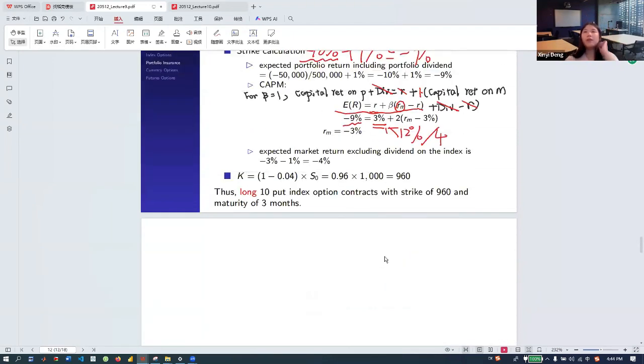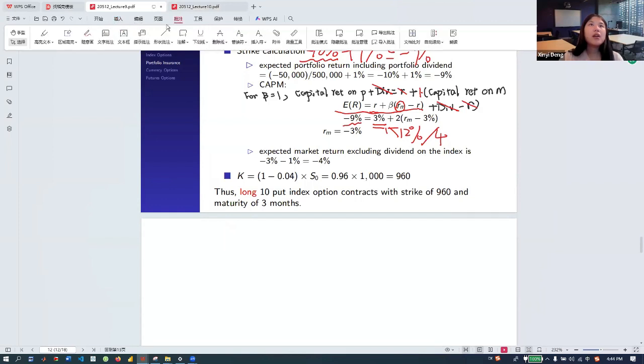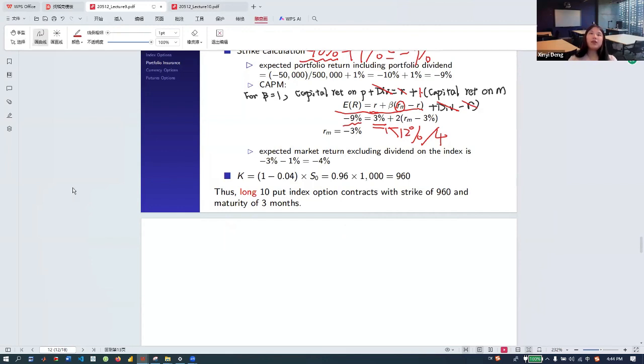Here, let's utilize P to denote the capital return on the portfolio.